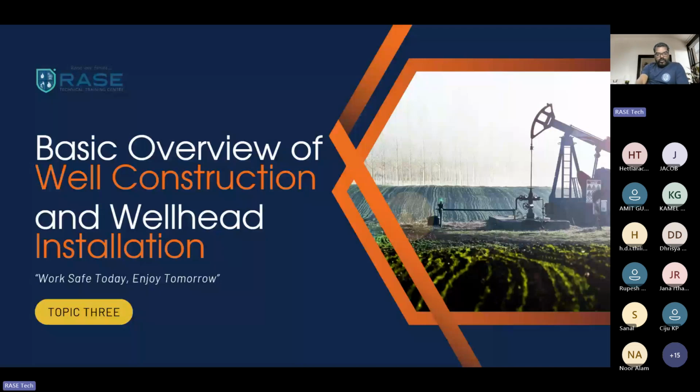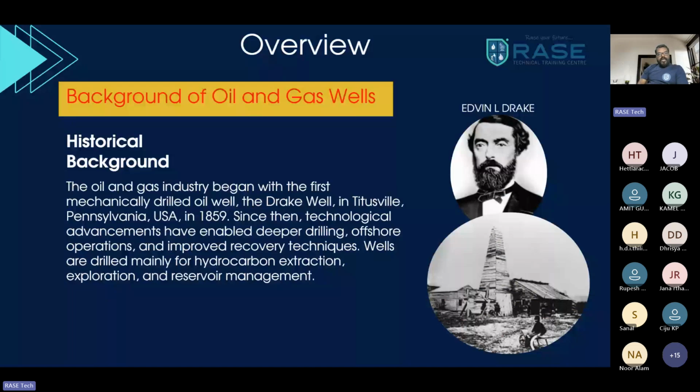Okay. So first of all, we need to know about the background of oil and gas wells. Historical background: the oil and gas industry began with the first mechanically drilled oil well, the Drake well in Titusville, Pennsylvania, in the USA in 1859.